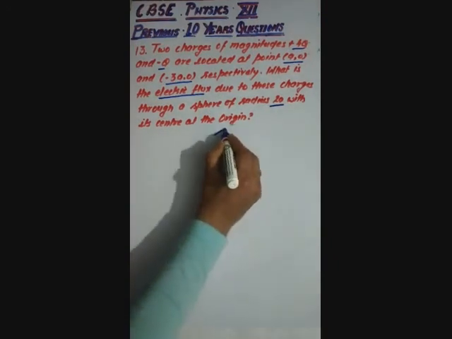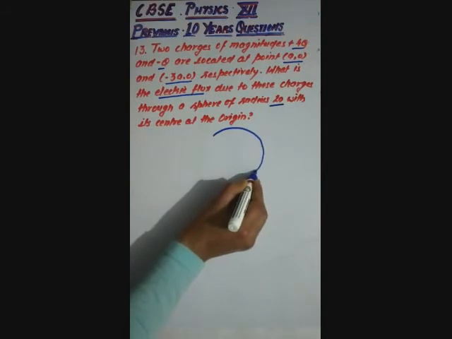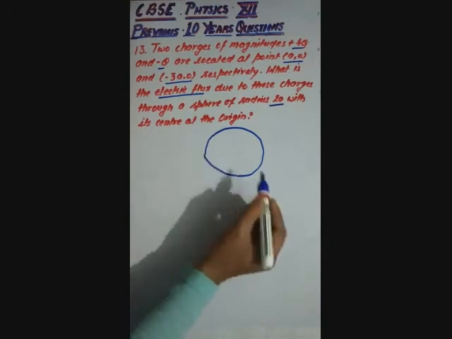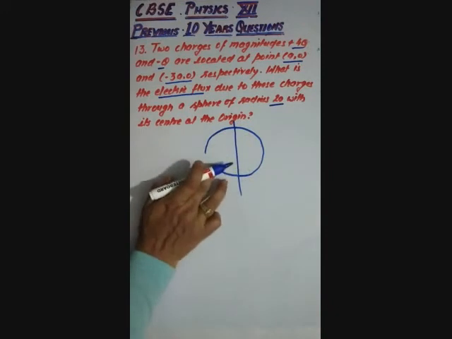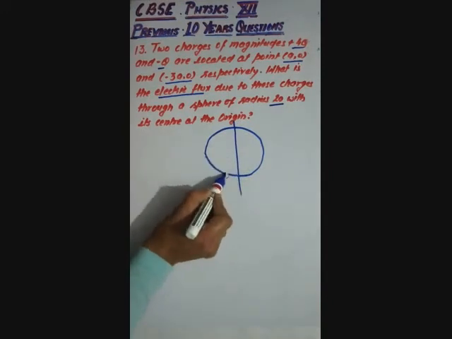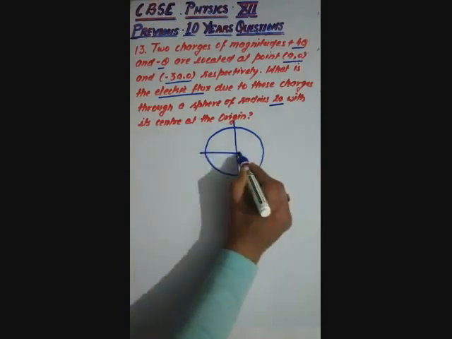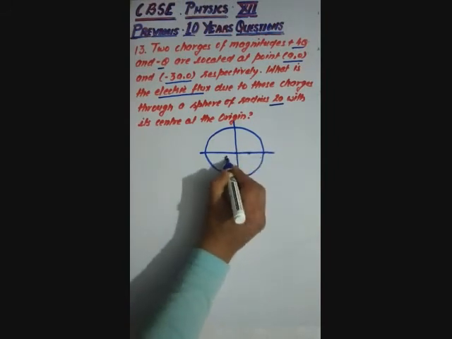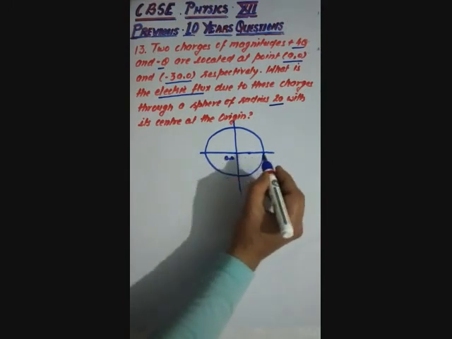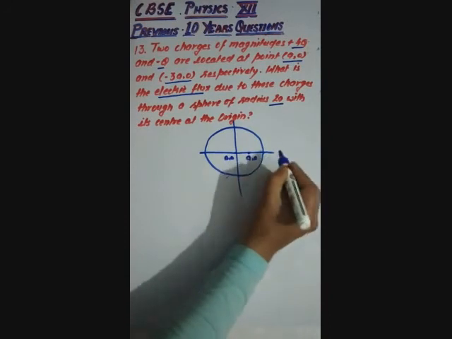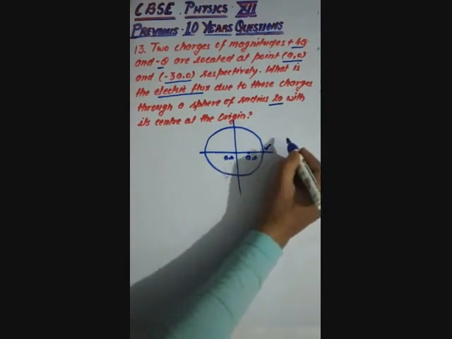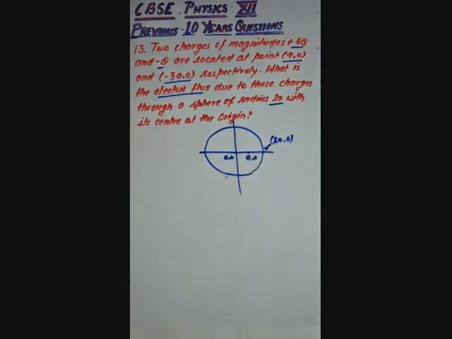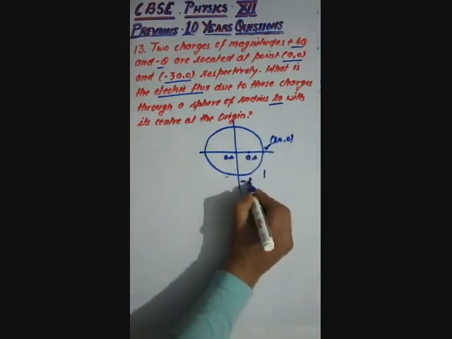Again, you can make a sphere. (0, 0), (a, 0), and this point will be (2a, 0). The radius will be 2a.